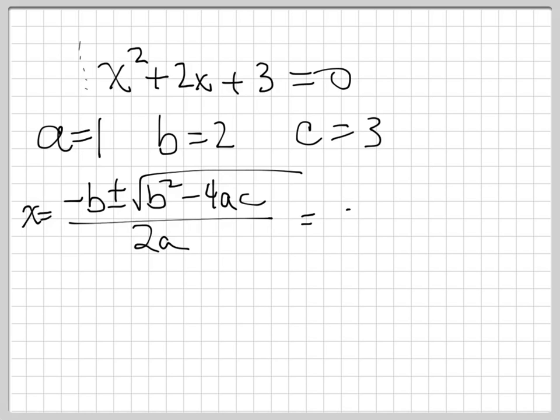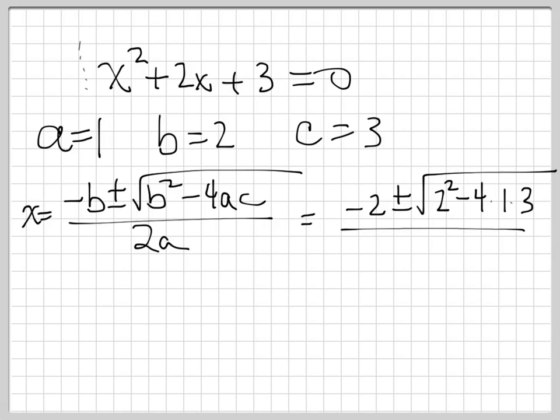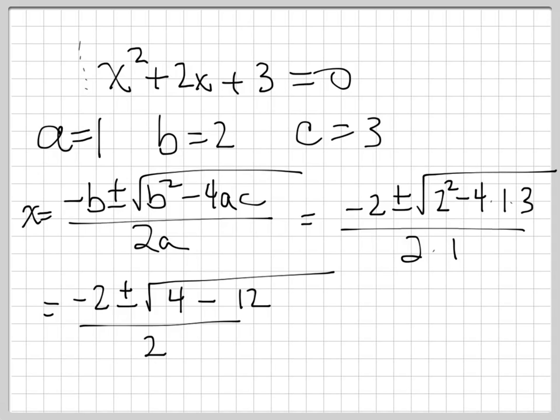which is -2 plus or minus the square root of 2 squared minus 4 times 1 times 3 all over 2 times 1. So we get -2 plus or minus 2 squared is 4. 4 times 1 times 3 is 12 all over 2, which is -2 plus or minus the square root of -8 all over 2.